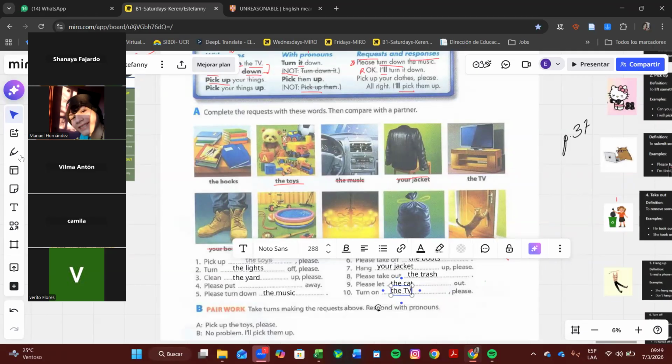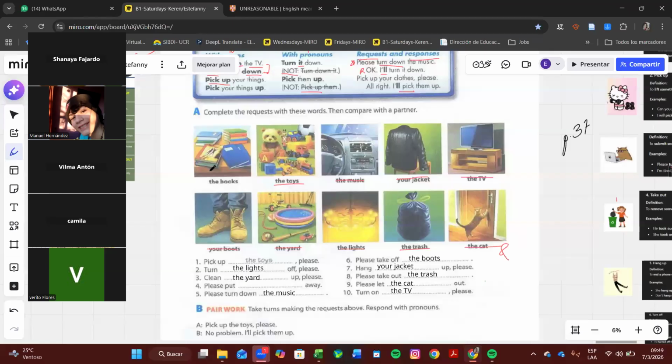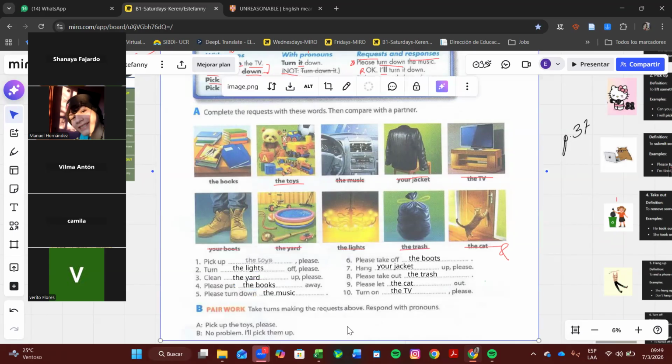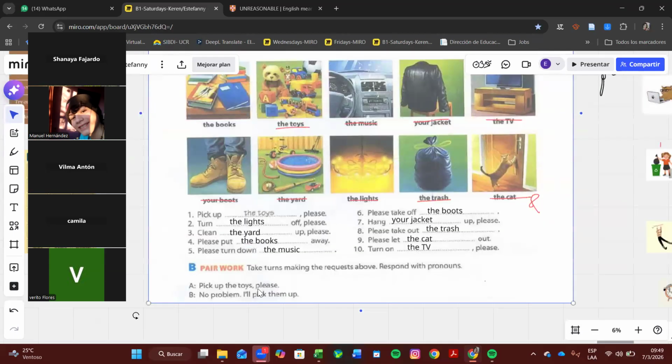And finally, we have the books. So please put the books away. Pon los libros por allá, en otro lado. Why? Because maybe we are using the table in which we have to eat, right? So we need space. So please put the books away.